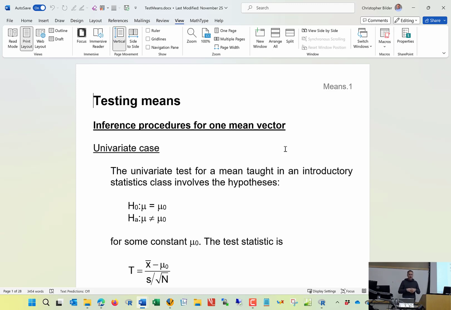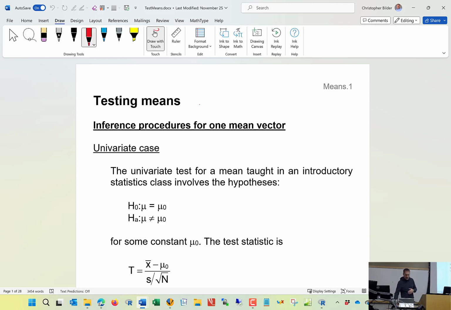But even though I would say it's the least important, it's still an interesting topic because it gives you a direct extension to something that you're all familiar with. In your very first stat course, you learn about a hypothesis test for one mean. So let's say you have some mean mu. Is it equal to some constant?